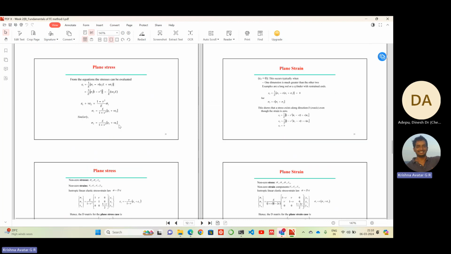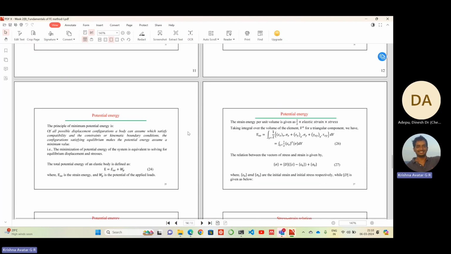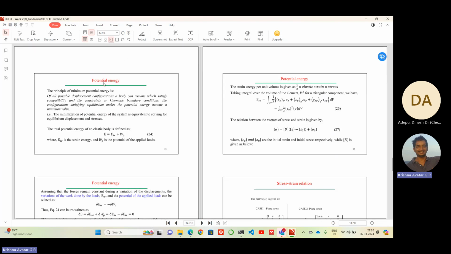Then plane strain problems, and then we come to the potential energy. The principle of potential energy says that of all possible displacement configurations a body can assume which satisfy compatibility and constraints or kinematic boundary conditions, the configuration satisfying equilibrium makes the potential energy assume a minimum value.